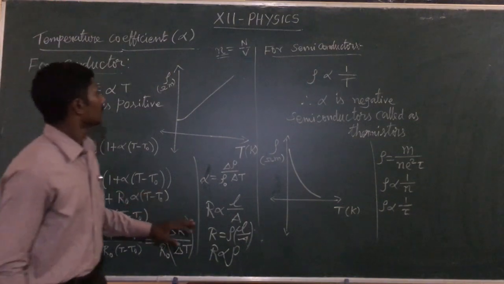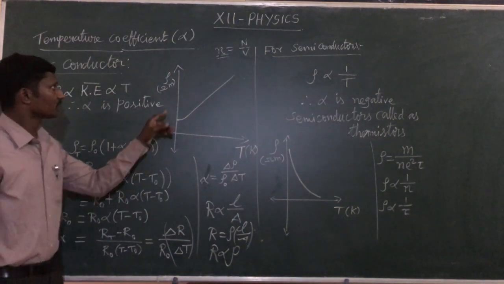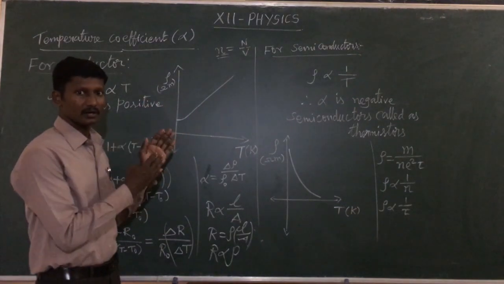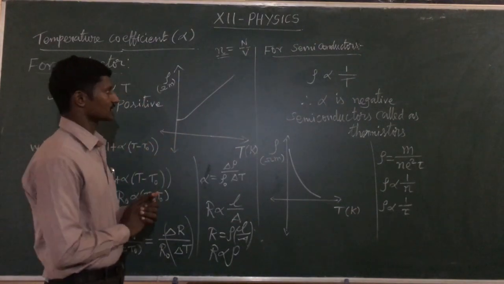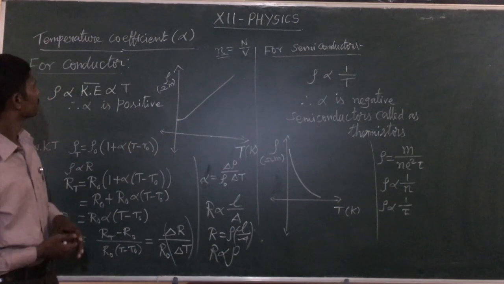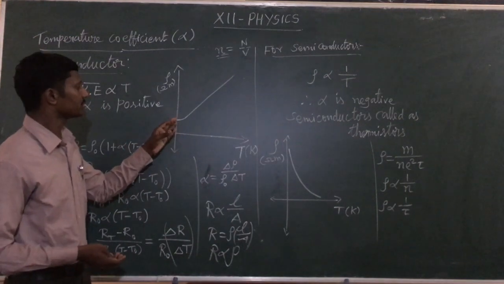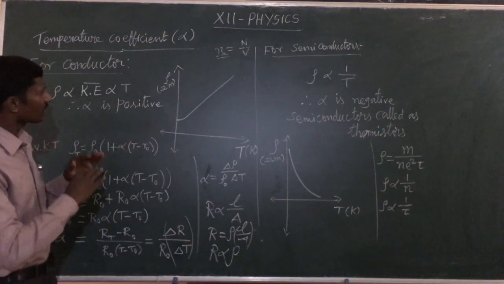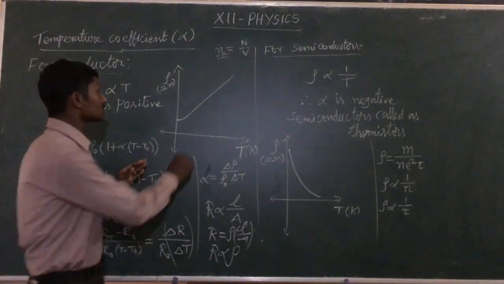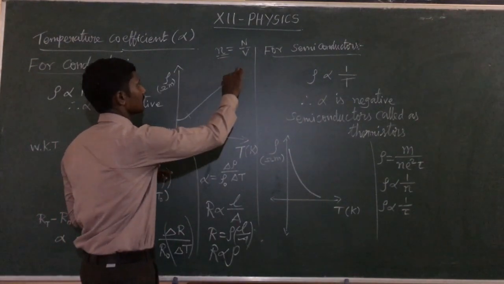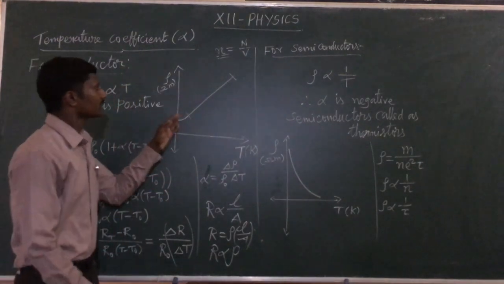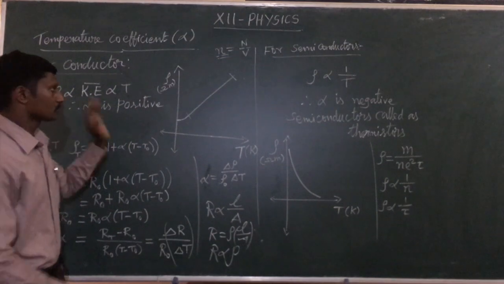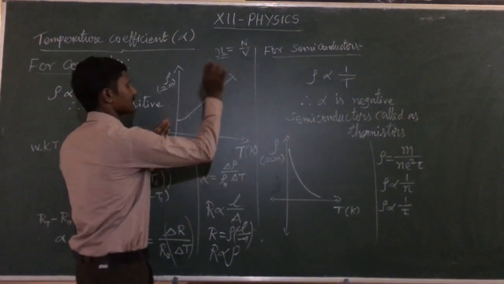We should also explain in terms of a graph, because in the 1 mark section, a graph-wise question will be asked. So in the graph, we plot a graph between temperature and resistivity. Over a large range of temperature, the resistivity increases in a linear manner for a conductor, so it is a straight line.